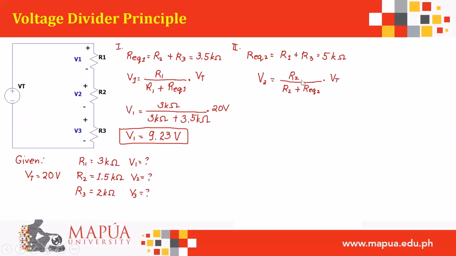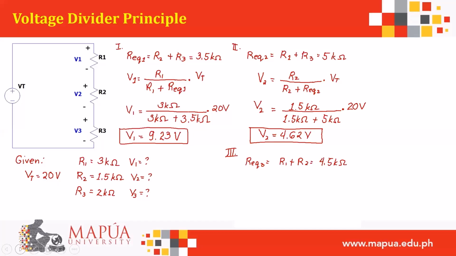Applying our formula, V sub 2 equals the resistor involved R sub 2 over R sub 2 plus R equivalent, multiplied by V sub T, the total voltage. That's 1.5 kilo ohms over 1.5 kilo ohms plus 5 kilo ohms times 20 volts. That's 4.62 volts.